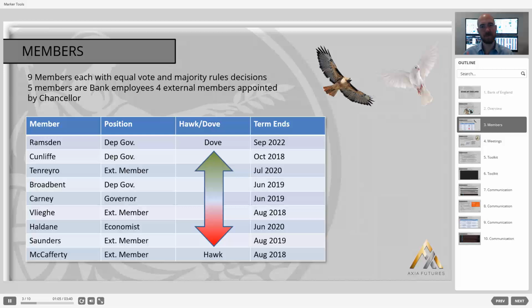So the idea is a bit more variance here. There is a question mark around how much that maintains independence of the central bank, but that, for this course at least, is more of a moot point and more something of an academic element. Now, in terms of the members, what I've got here is a hawk-dove scale.